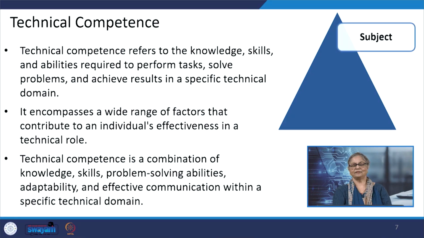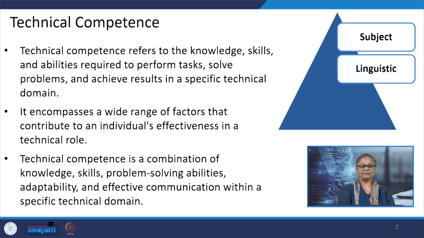Technical competence refers to the knowledge, skill, and abilities required to perform tasks, solve problems, and achieve results in a specific technical domain. It encompasses a wide range of factors that contribute to an individual's effectiveness in a technical role.